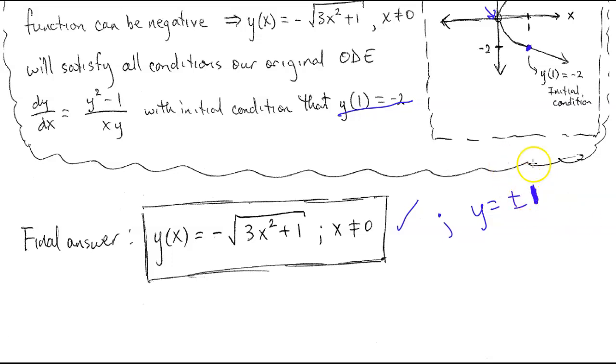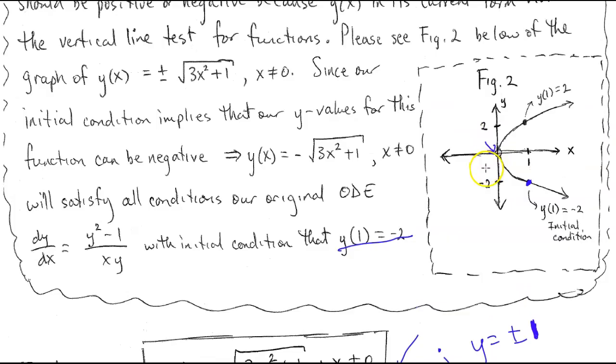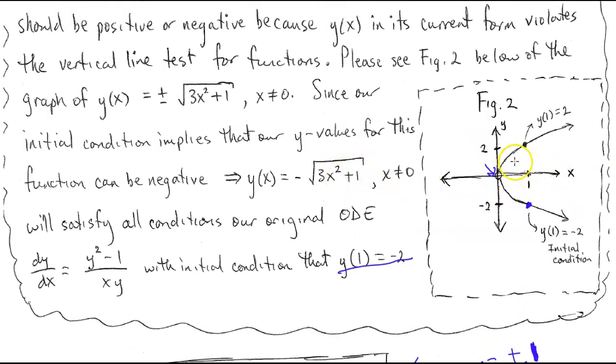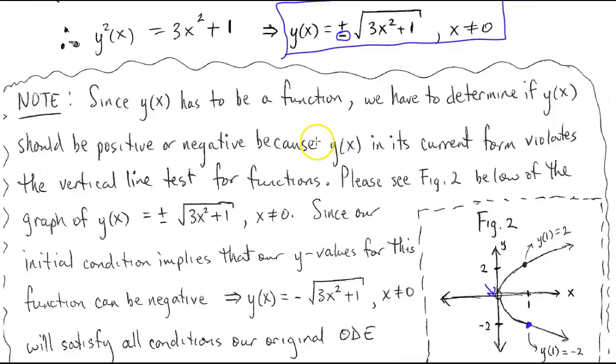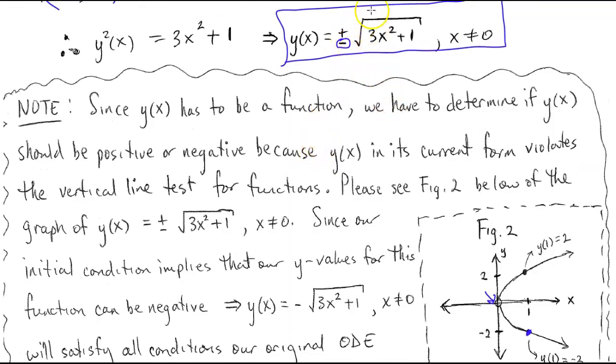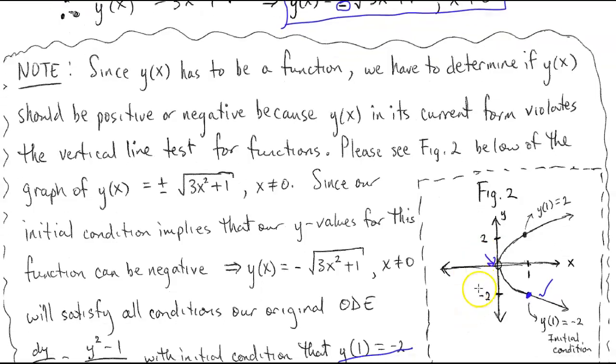Remember that if we had a general solution here, meaning that with this plus or minus and without the initial condition, we would have a whole collection of relations, not functions, that would look like this. But since we had an initial condition, we had to pick a side, and we know that that particular side is the bottom half.